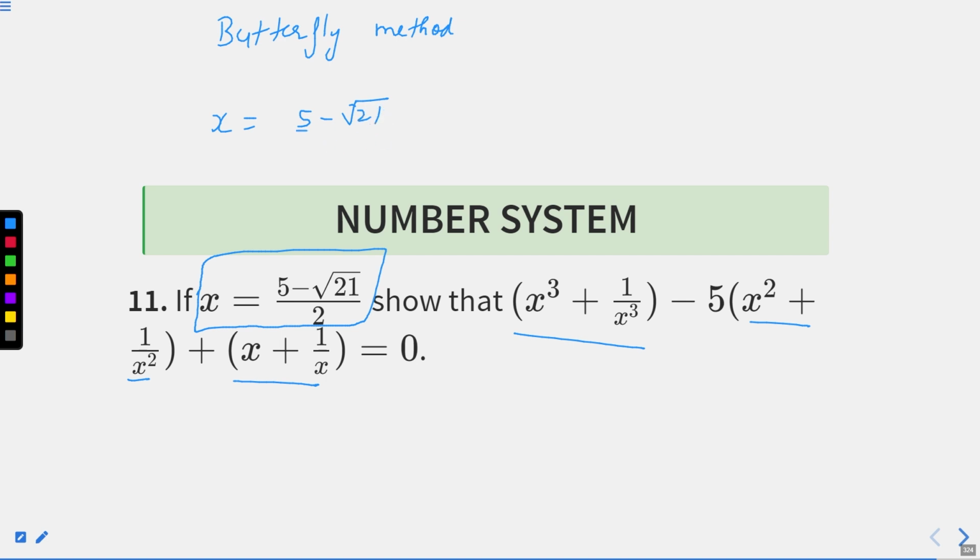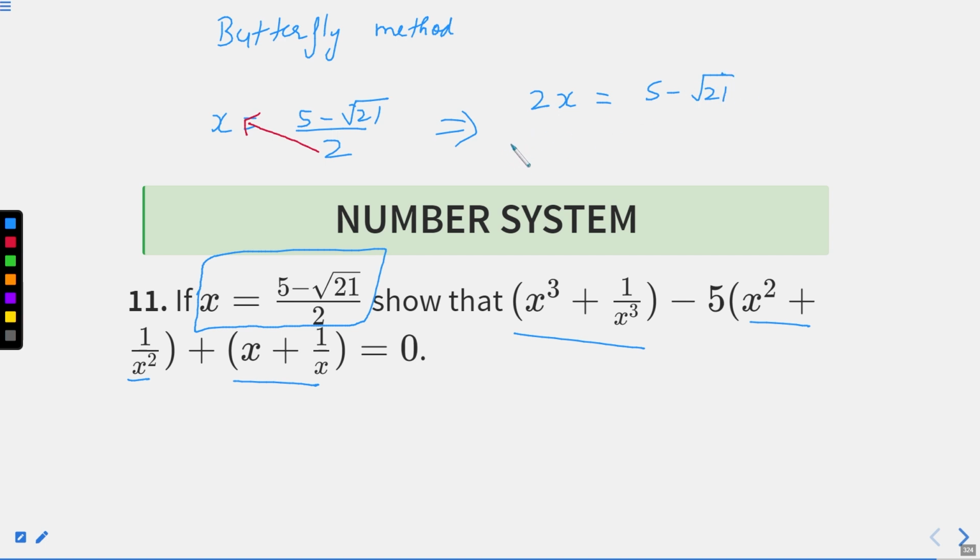This is given to me. This 2 can easily go to the left side of the equal sign and get multiplied with x. So this gives me 2x, which equals 5 minus root 21.